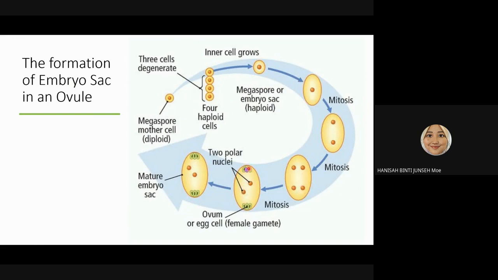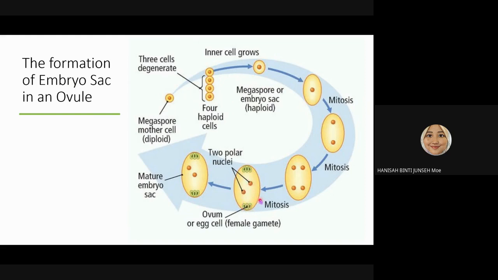Okay, but at this time, this nucleus will differentiate and arrange themselves. Kamu tengok sini, actually dia sudah jadi daripada 4 sepatutnya jadi 8. So let's count. 1, 2, 3, 4, 5, 6, 7, 8.